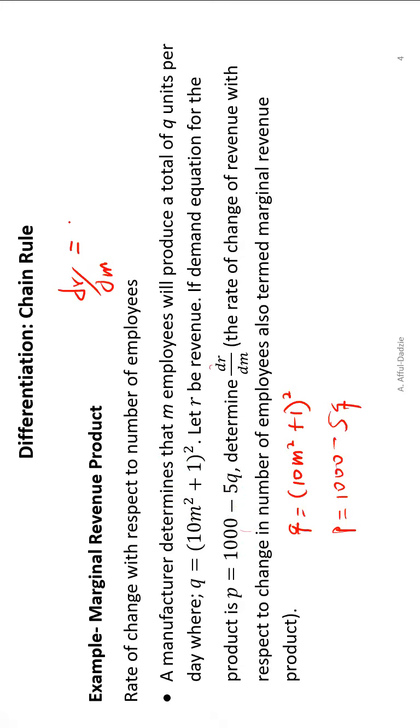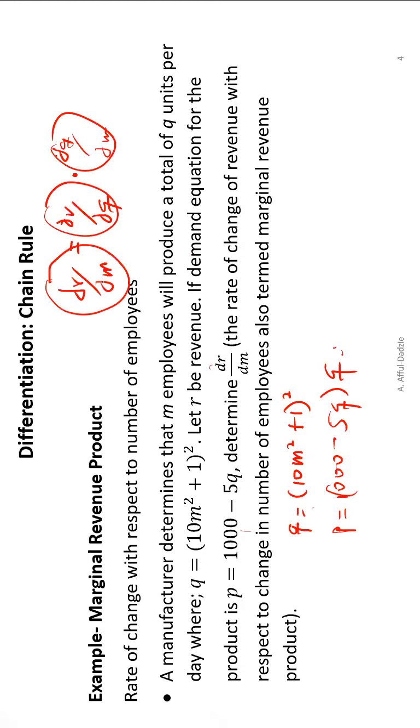So this is revenue, so we can do dR/dQ. We would have to find the revenue expression for this. Once you have this, this becomes total revenue. So we have dR/dQ, and then we multiply it by dQ/dM, right? So we take the derivative of this with respect to M. Now, when we put this and this together, we end up having dR/dM.